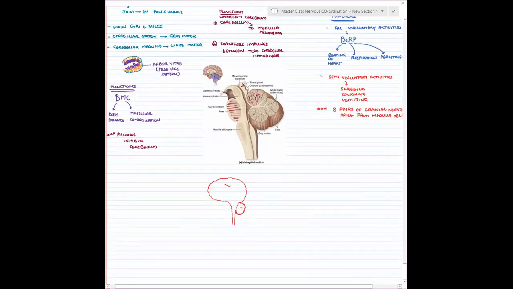In front of the cerebellum, there is the pons. From the pons, the small inverted triangle part that is there is your medulla oblongata. And this medulla oblongata later on travels down as your spinal cord.